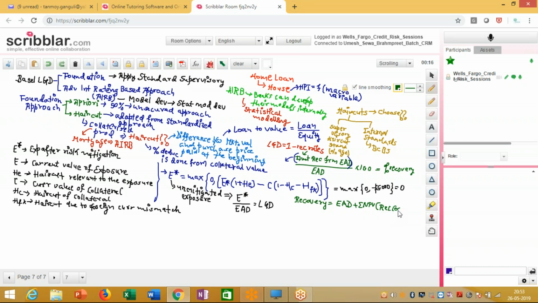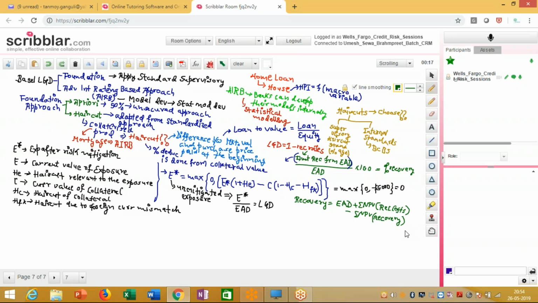The costs will increase the total EAD, or the exposure of the bank, minus NPV. So over here, this is the net present value of the recovery, right?